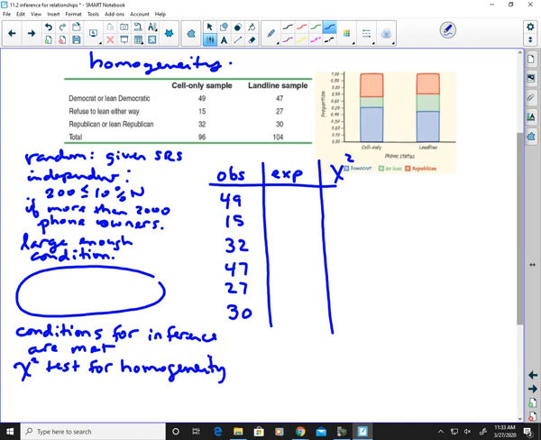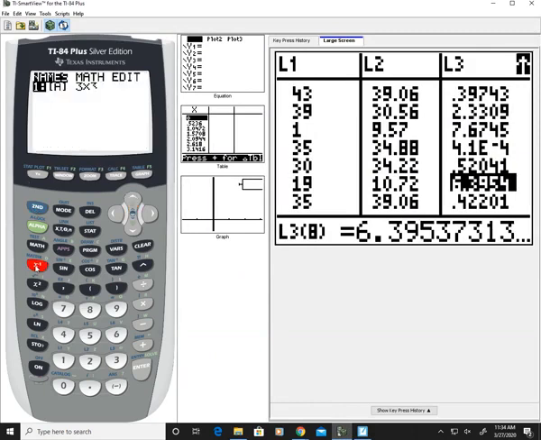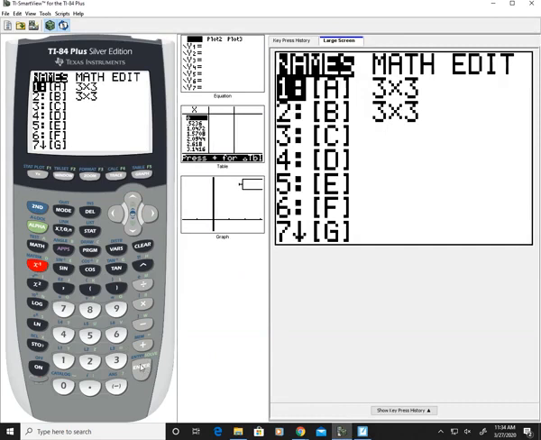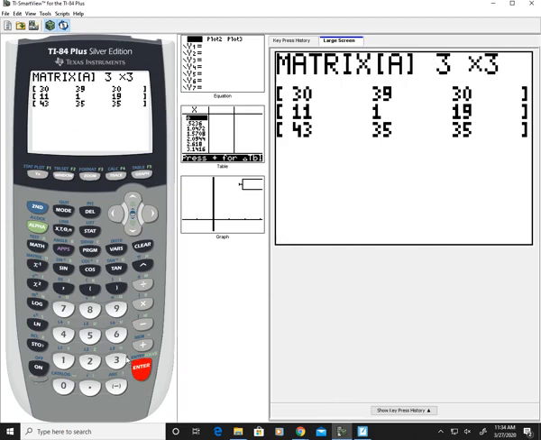And at some point, I do need to write my null and my alternative hypothesis, but let's go and see what the results would be and run our test. And we'll write down all the information from our calculator. So just to review, into our calculator, into the matrix, where I will edit my matrix A. No need to clear matrix B because matrix B will be overwritten.